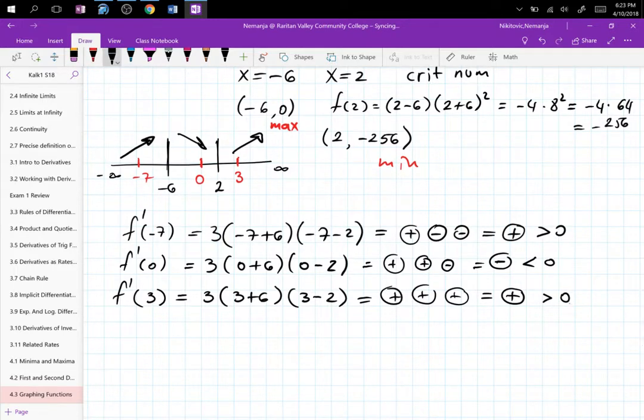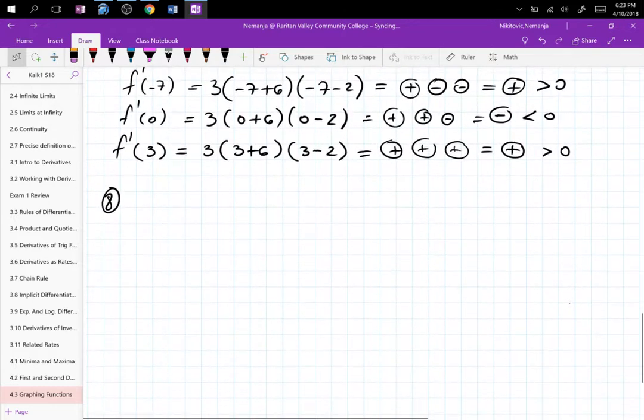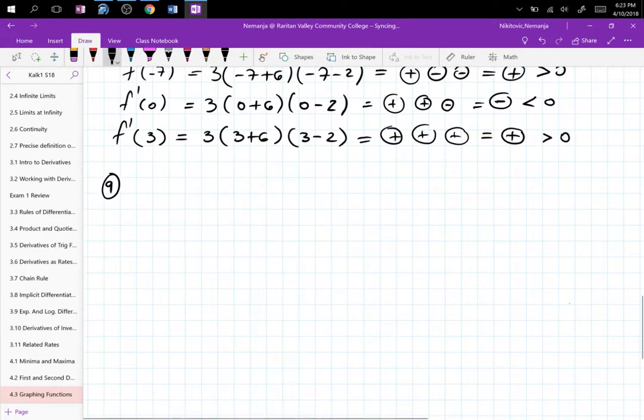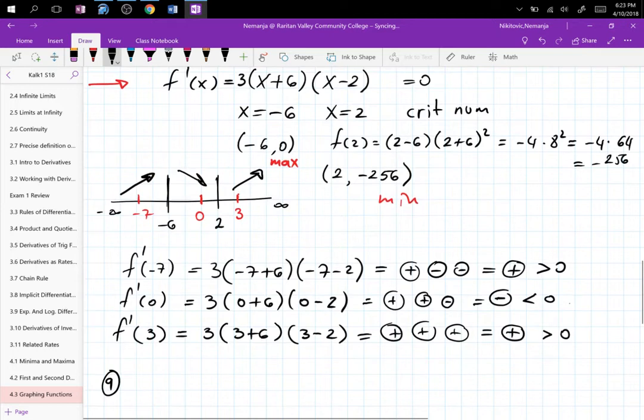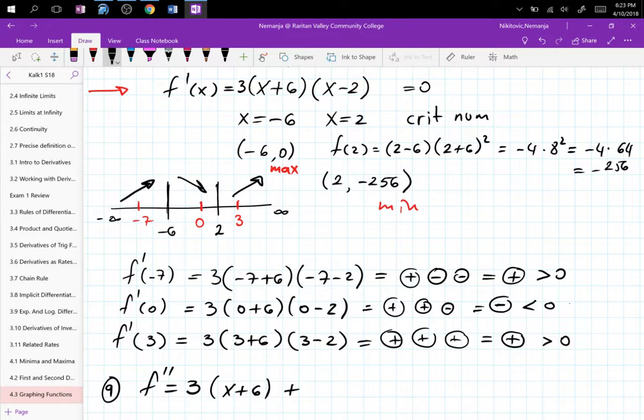Second derivative now. That was number 8, right? No, number 9. Now the second derivative we have to get by looking at the first derivative. F double prime, we copy 3, see you next week. So copy the first, times the derivative of the second, which is 1, plus copy the second, which is x minus 2, times the derivative of the first, which is x plus 6.